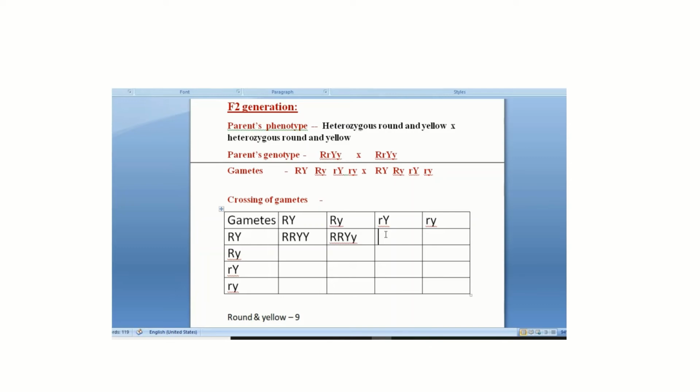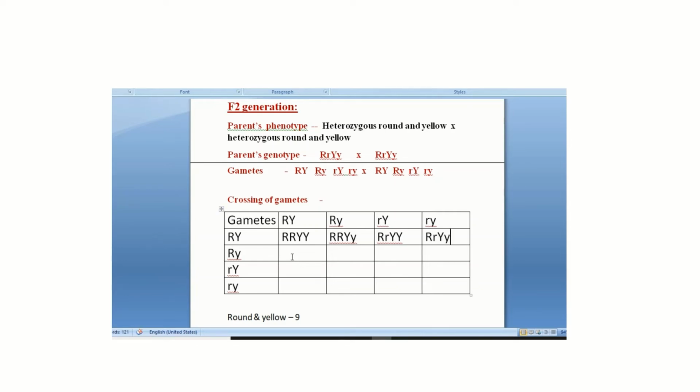You can tell after me or you can even do it in your book without looking into this, and after you are done, you can just check with the video. So when you do the third one, capital R, small r, capital Y, capital Y. Similarly here also, capital R, small r, capital Y, small y.